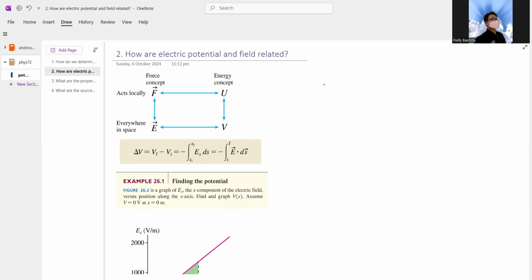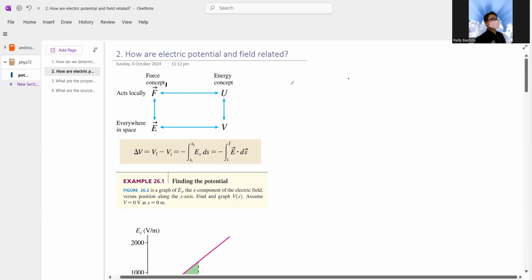Certainly, the ones for potential are easier to solve simply because there's no square and simply because the potential is a scalar quantity. Yes, we remember this lesson before.